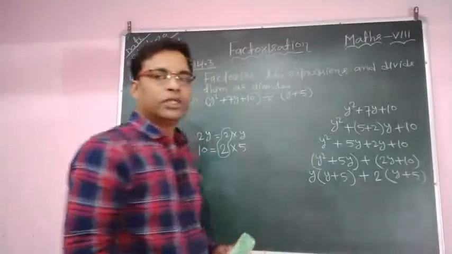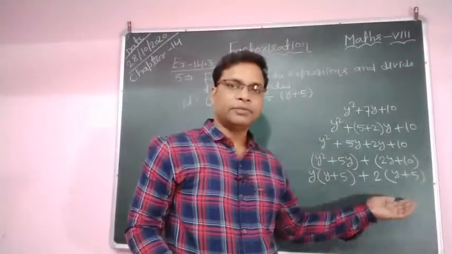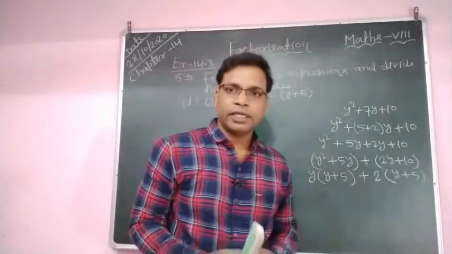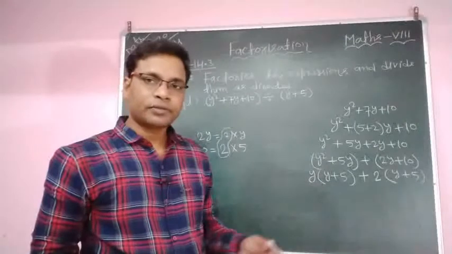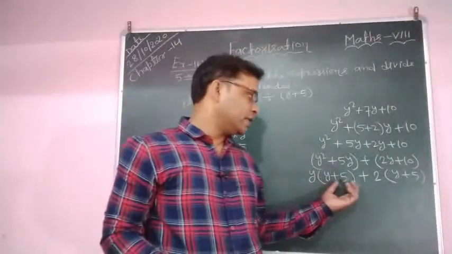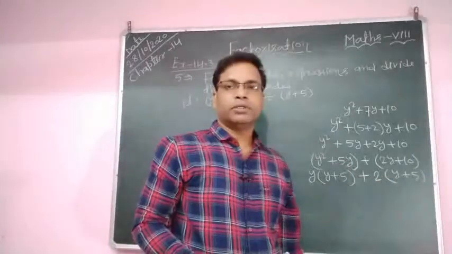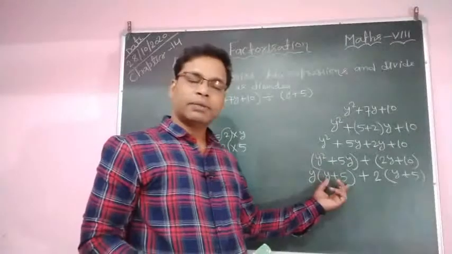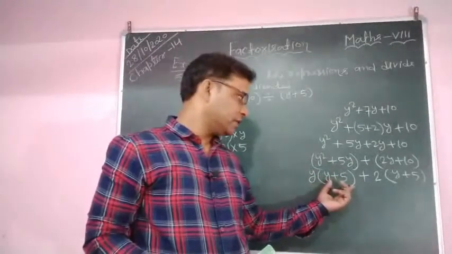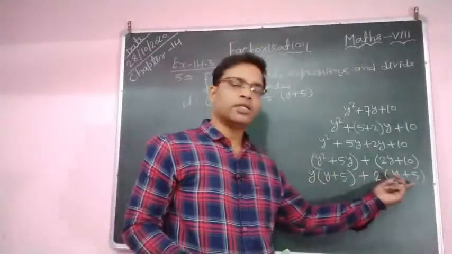So now this becomes the first term and this becomes the second term. Clear? So we observe here in the first term and second term what is common. We can see here y plus 5 is common between the two terms. In the first term y plus 5 and in the second term also y plus 5.